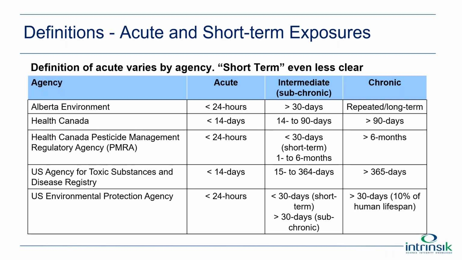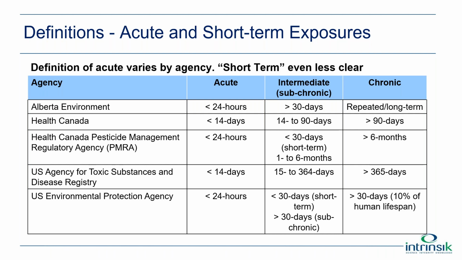But as you can see from the table that I have in this slide, it's quite variable, and it really depends on the jurisdiction that you're in. So when you're doing a contaminated site assessment on something that's considered to be acute or chronic or even intermediate, you need to be paying attention to what the definition is so that you're choosing your toxicity reference values accordingly, and then also evaluating your exposure in a way that's harmonious with what you've chosen for the toxicity limit.